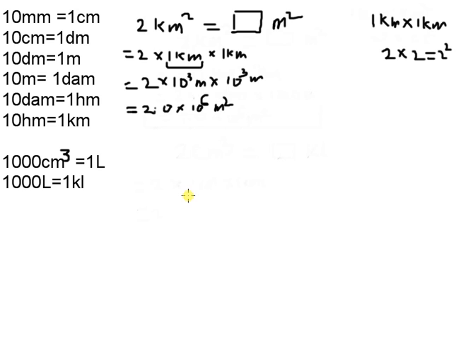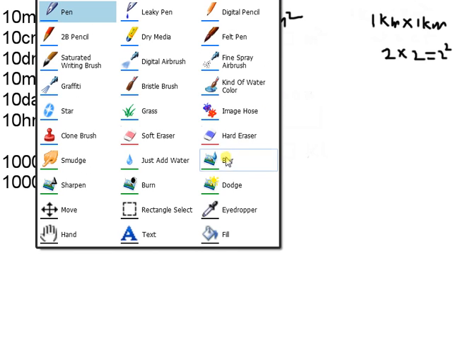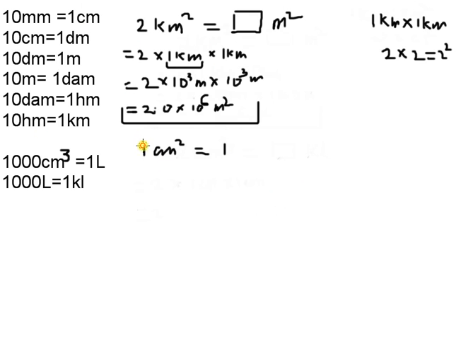Okay, so let's try another example. Suppose that I've got 1 centimeter square and I want to convert that into hectometer. So instead of 1, again I'll write 2 or 3. Suppose that I've got 3 centimeter square.